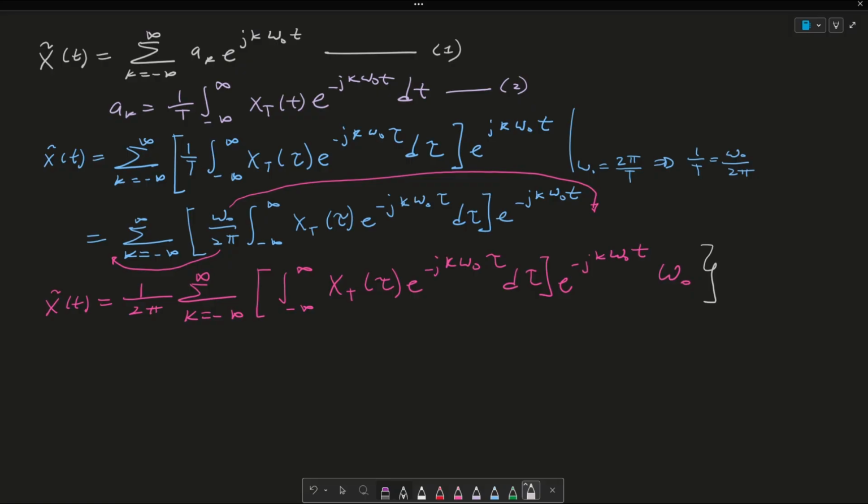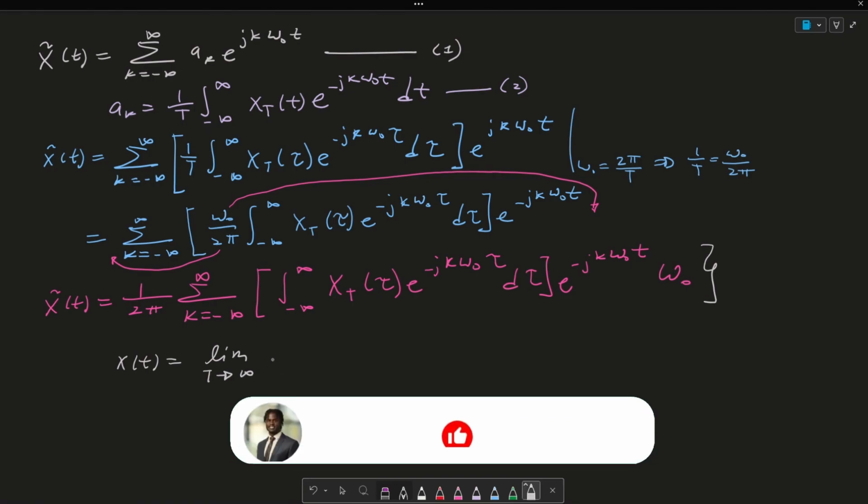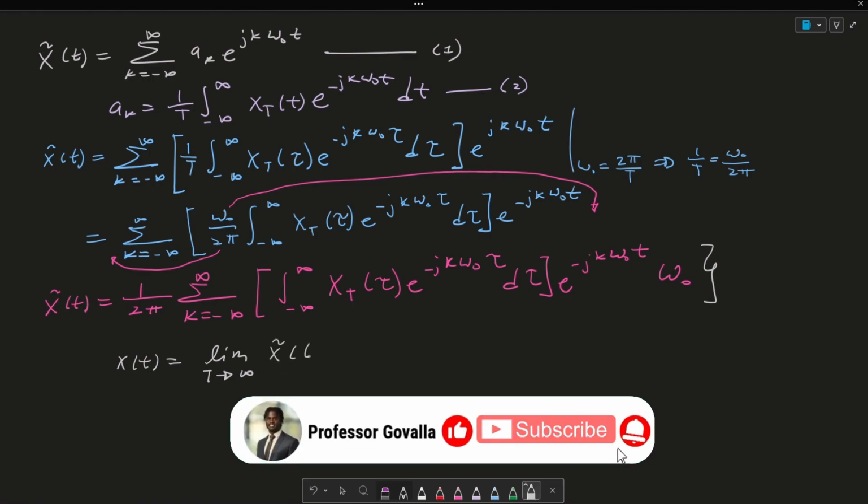Essentially, what we need to do from our example number 2 that we studied is say that x of t is equal to the limit as T goes to infinity of our repeating function x tilde of t.